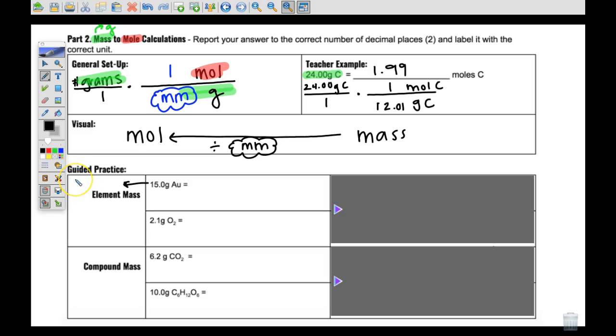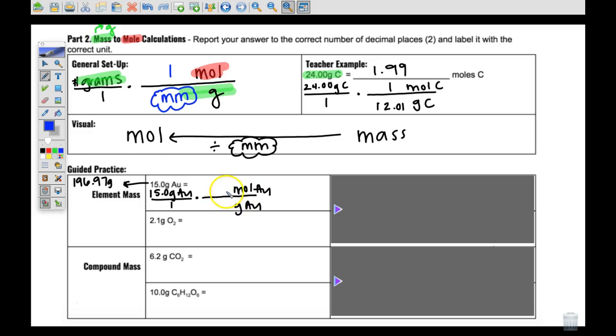So gold, just like in part 1 of this note sheet, is still 196.97 grams for every 1 mole. But now that I'm given 15.0 grams of gold, my numbers are going to be switching places because the units are going to be in different locations. So I have my given over 1 and I draw my next chunk. I have to pull my unit down, put my new unit on top.